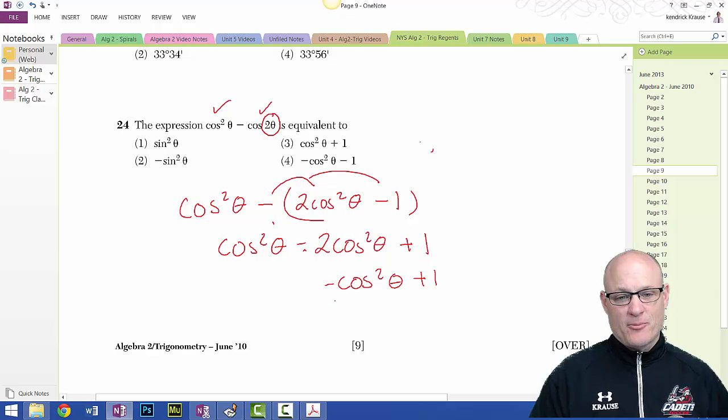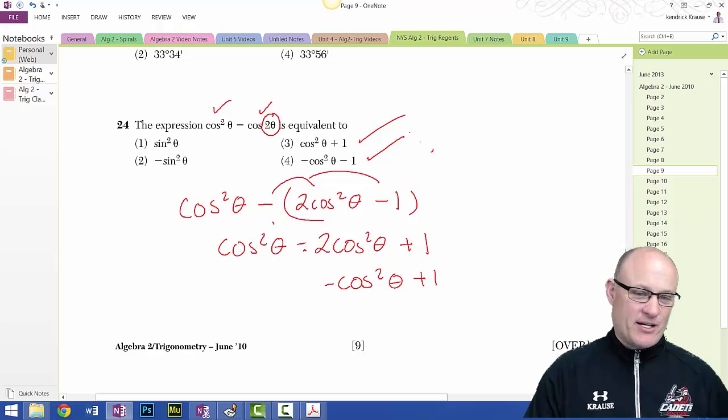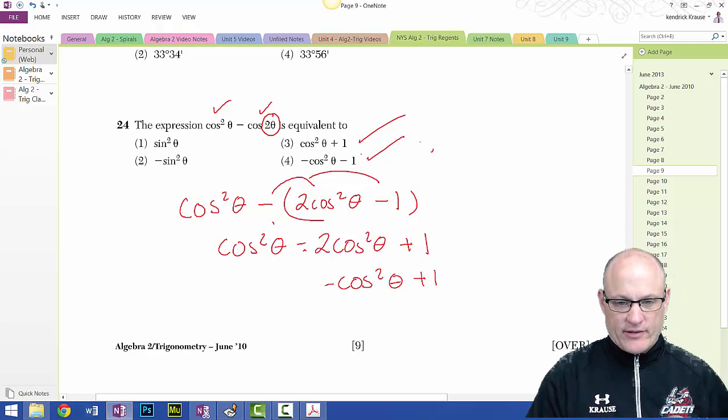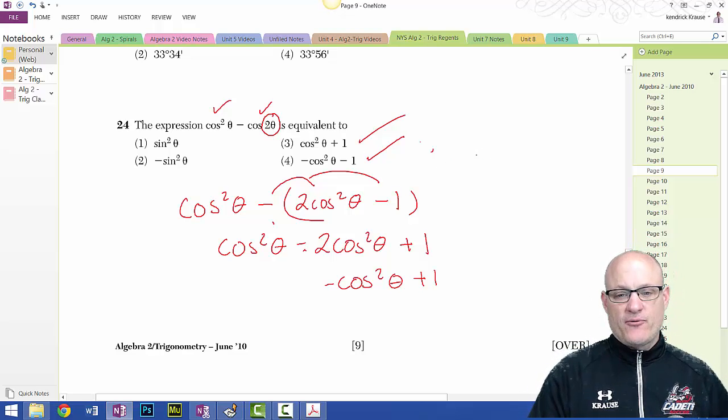Well, that's not up there. You may really want to pick this one, or really want to pick this one, but those are not the right answers. So, therefore, you have to remember something else that's not going to be on your formula sheet, and that is cosine squared theta plus sine squared theta equals 1.